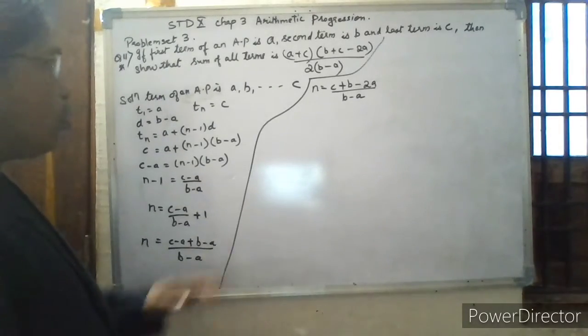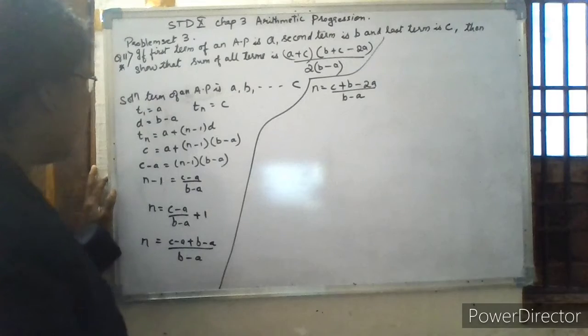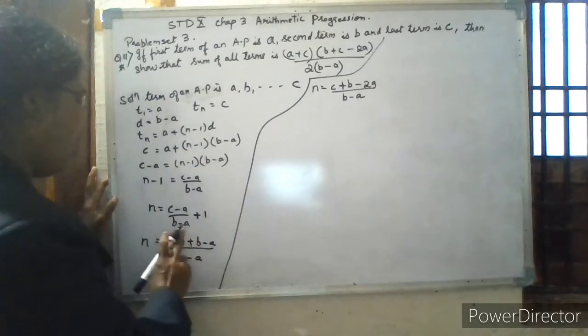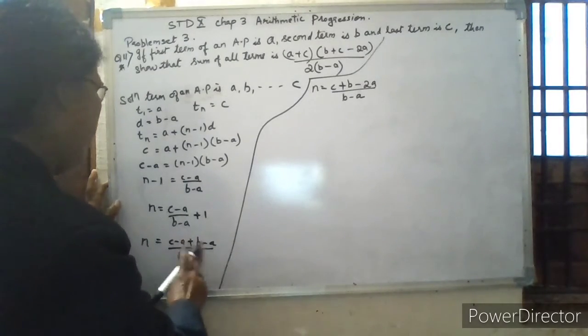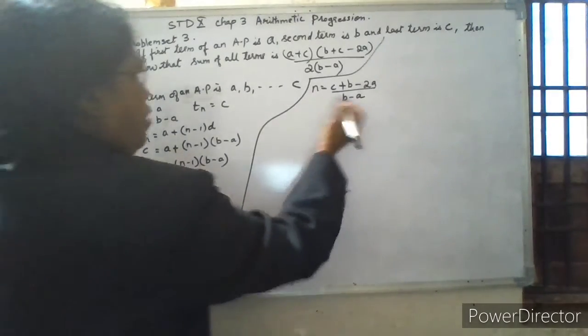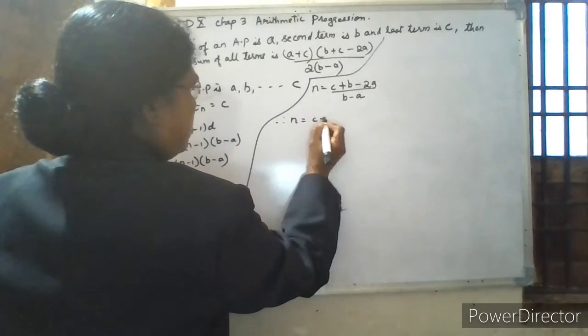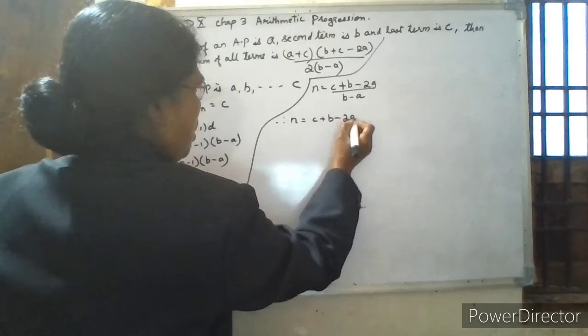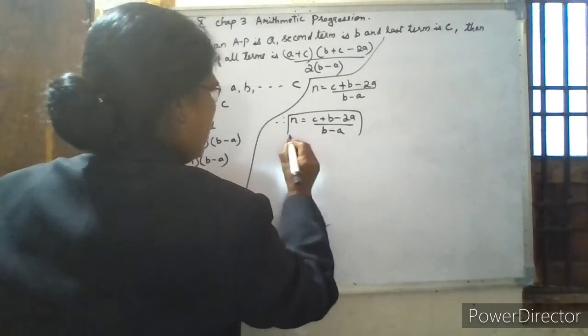Now as we got it in this form, we have got the n value. Therefore n is equal to C plus B minus 2A upon B minus A. We got the n value in this form.